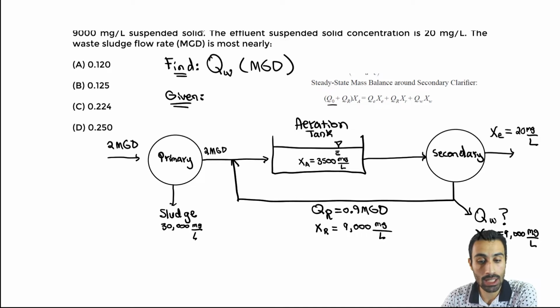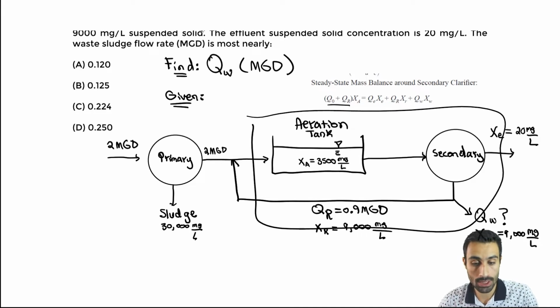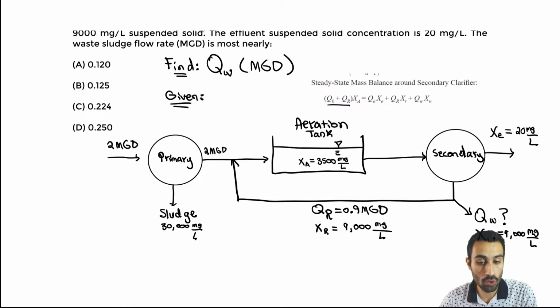So this is actually what comes in to secondary treatment. This whole process here is secondary treatment. Q naught plus QR will be the QR that gets recycled, then it comes in to the whole secondary treatment. And that Q naught and QR is what comes out the aeration tank.